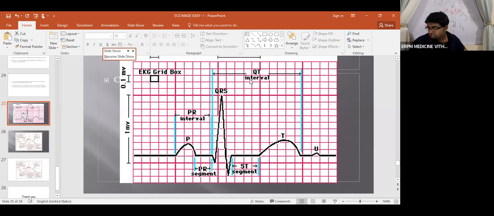This is your QT interval. So what is this QT interval? It starts from the start of the QRS up to the end of the T wave.